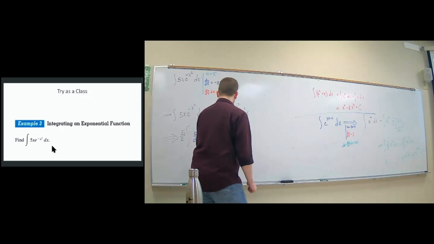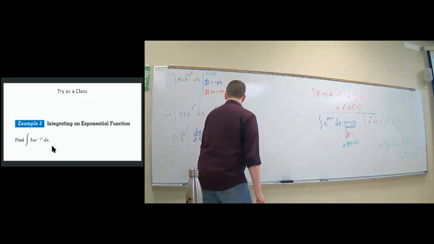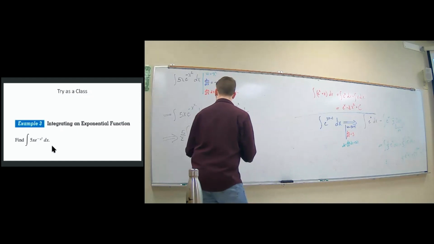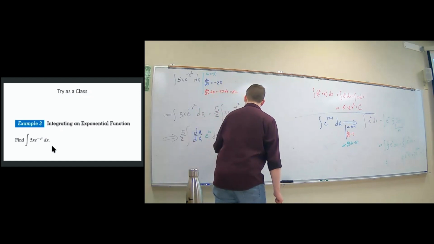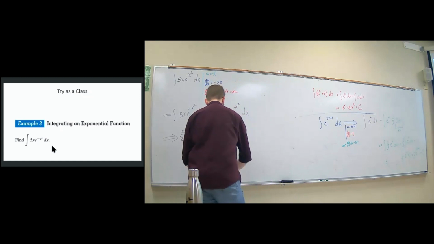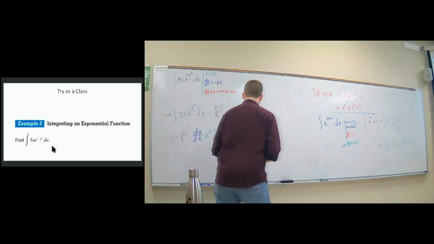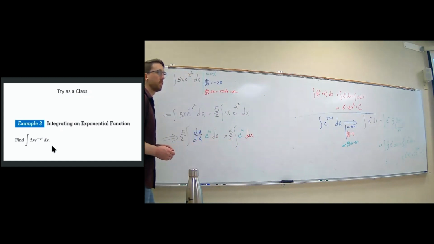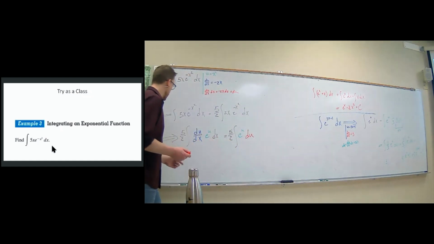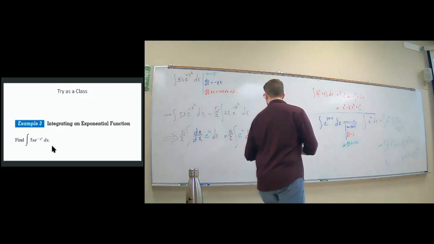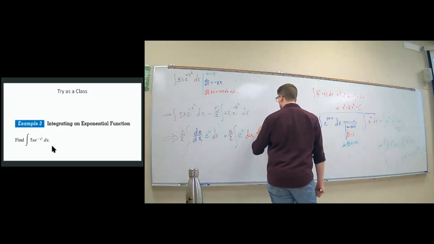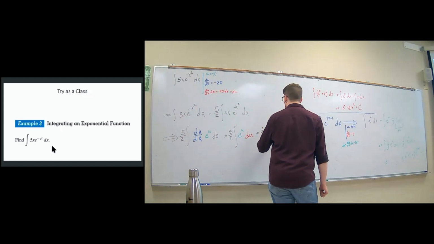So rewriting this gives us 5 over 2 e to the u du. Right? And this just evaluates out to be 5 over 2 e to the u plus a constant.